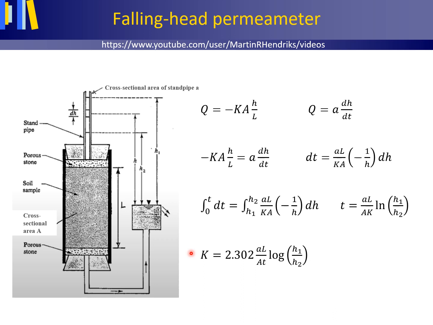This equation is derived by combining Darcy's law and a continuity equation. Darcy's law is given here. Q is the volume flux in cubic meter per day, and A is the cross-sectional area of the sample in square meter.